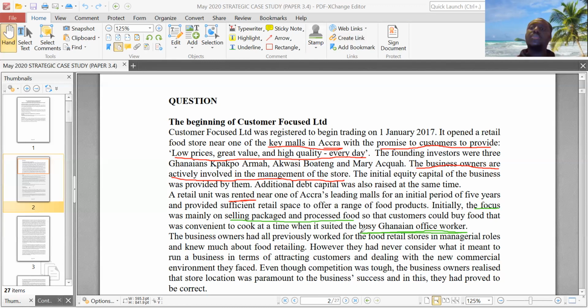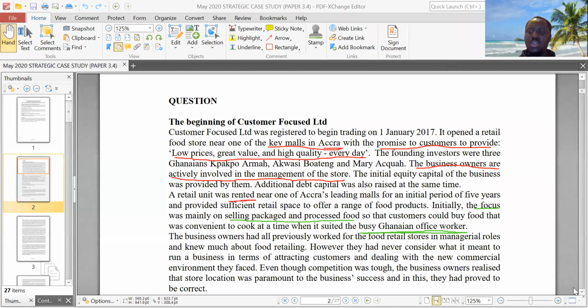The PESTLE model is also important. So as you are going through it, fish out the strengths, weaknesses, opportunities, look out for threats, and also use the PESTLE framework as well. And as we are having this discussion, you'd see a lot of these issues come up.